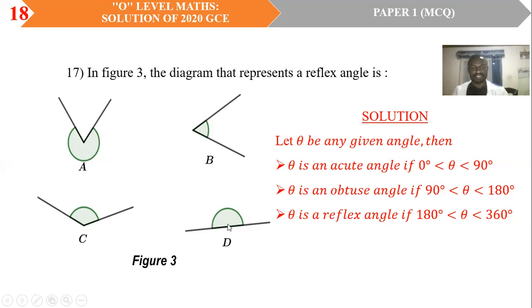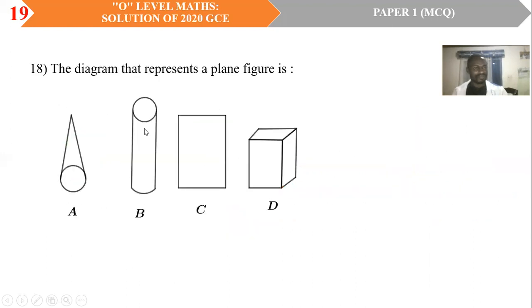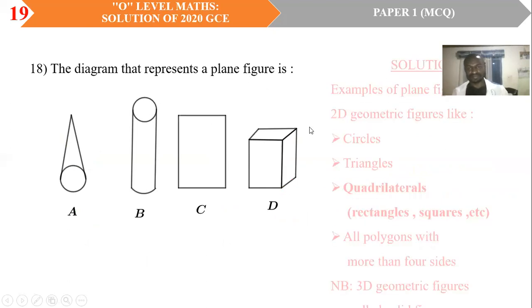Now, the angle G is a straight angle, and a straight angle measures exactly 180 degrees. So we are asked to identify the reflex angle. Among these alternatives, the reflex angle will only be the angle at A. Question 18. The diagram that represents a plane figure is? Solution.